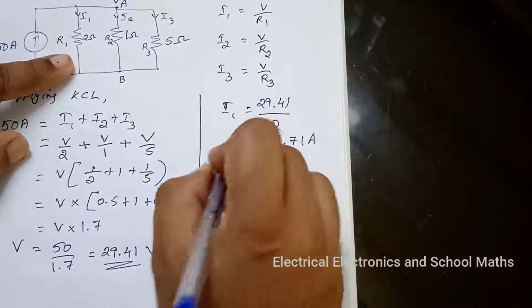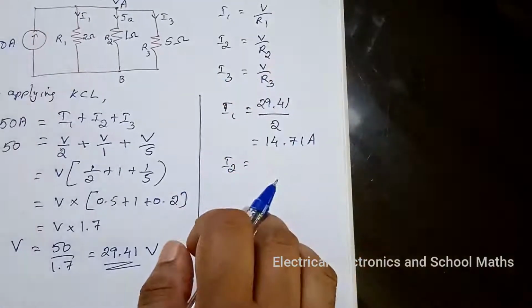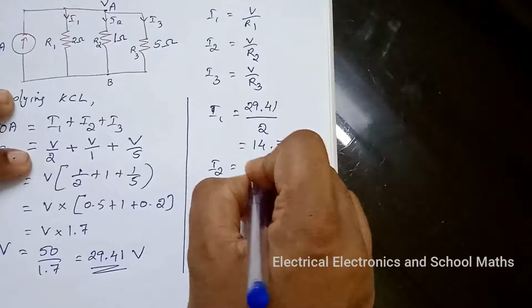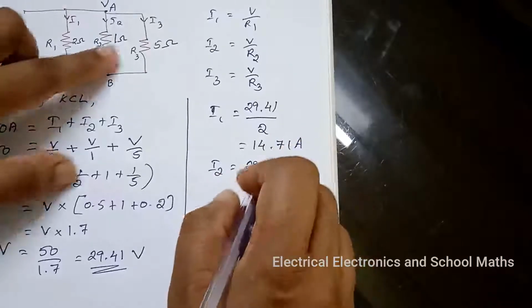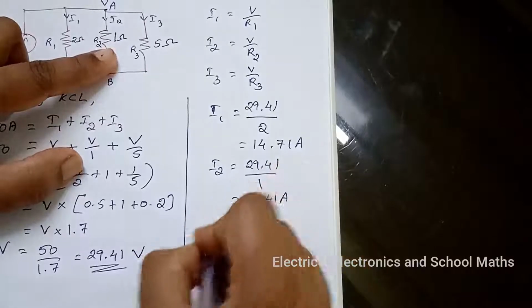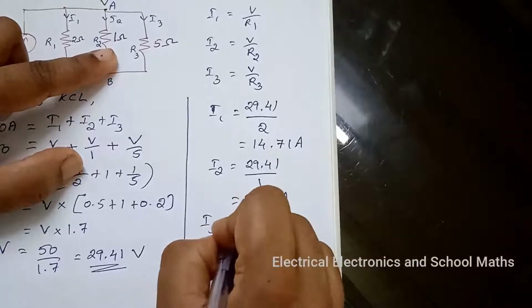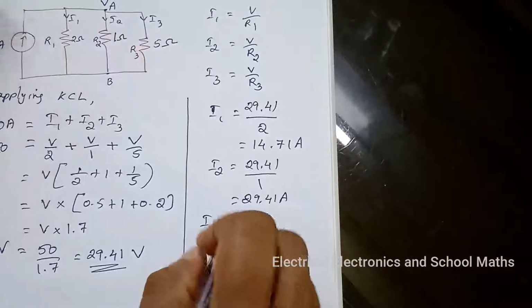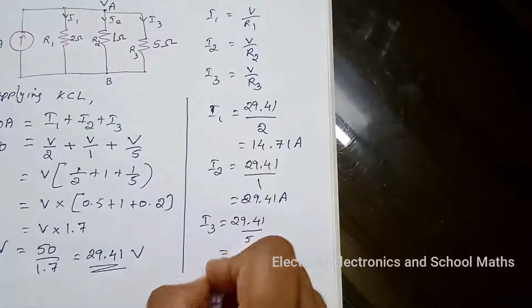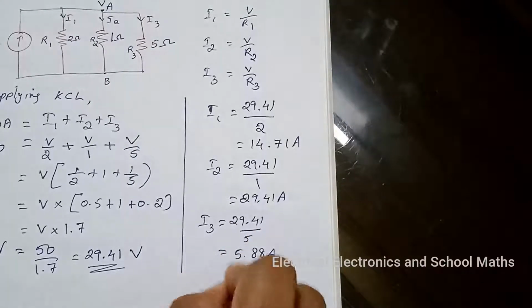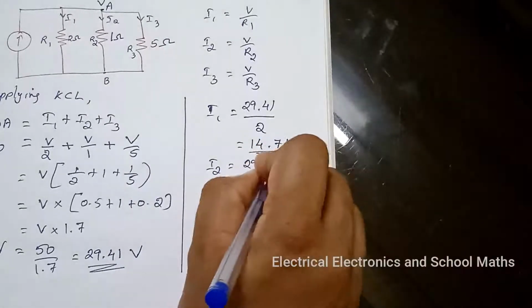Similarly, I2 equal to V by R2, that is 29.41 divided by 1 equal to 29.41 ampere, and I3 equal to 29.41 divided by 5 equal to 5.88 ampere. So these are the values of current.